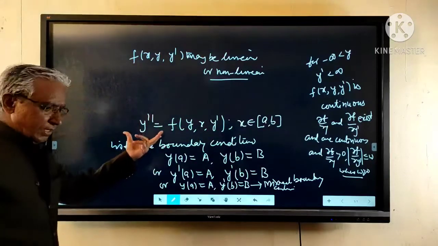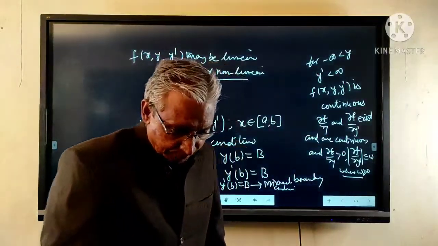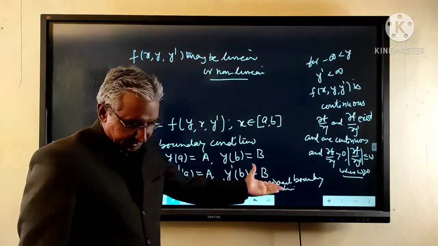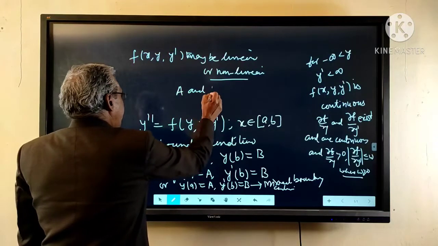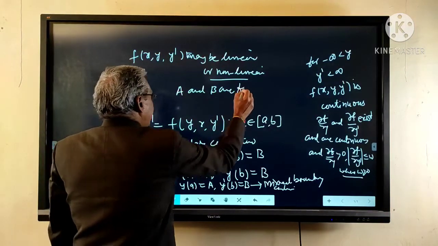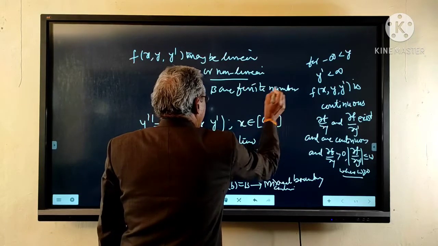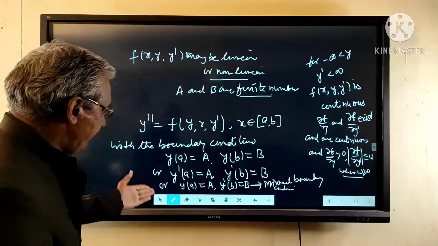This is the most popular form of 2-point boundary value problem, where a and b are finite numbers.